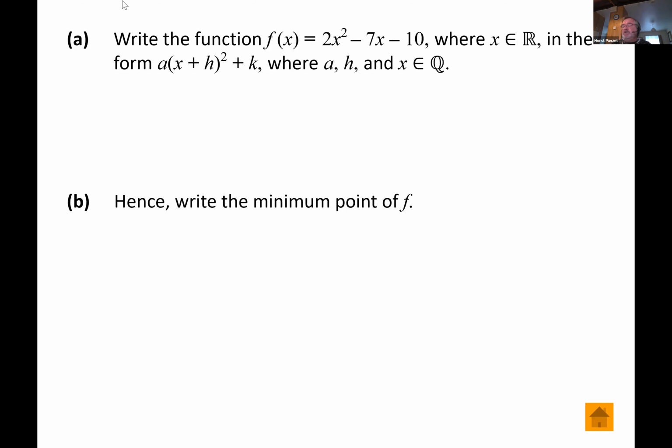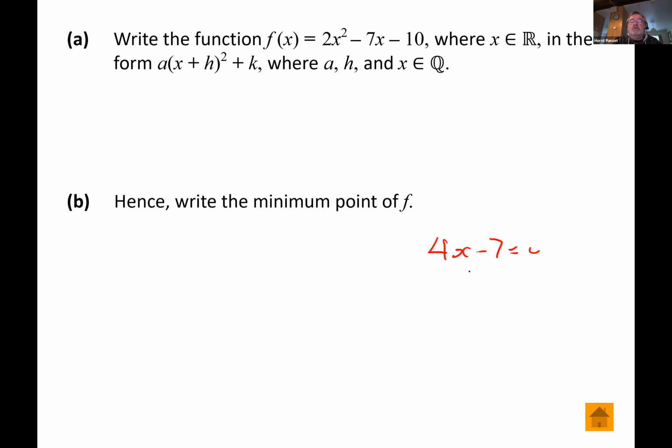Now, as I mentioned before, if you're really struggling with how to write that in squared form, you can use calculus, right? If you differentiate that, you're going to get 4x minus 7.